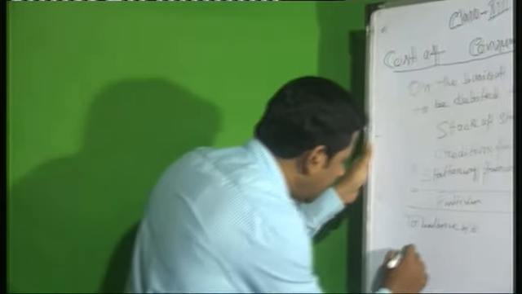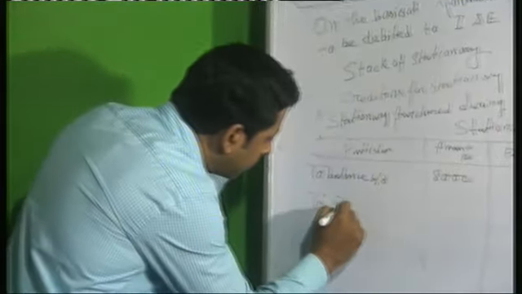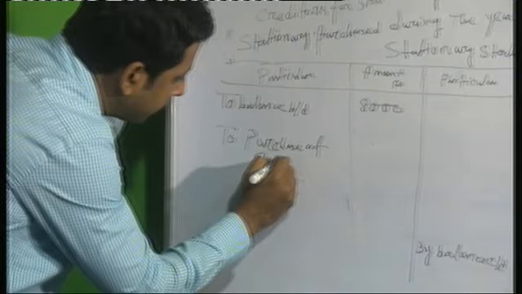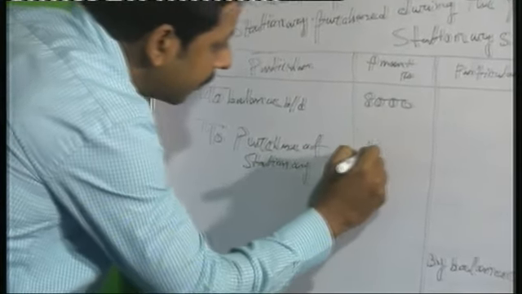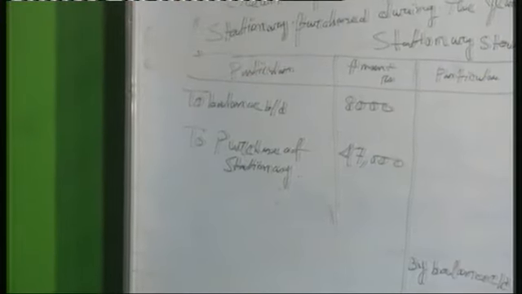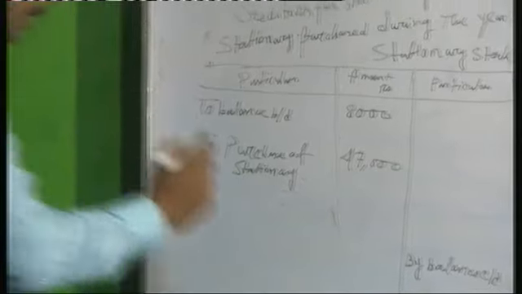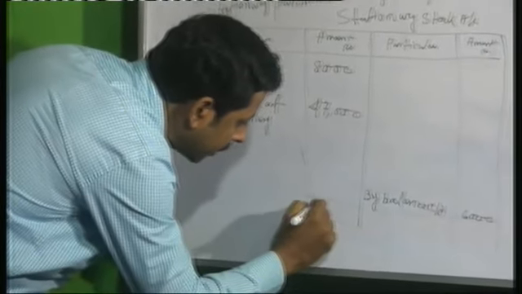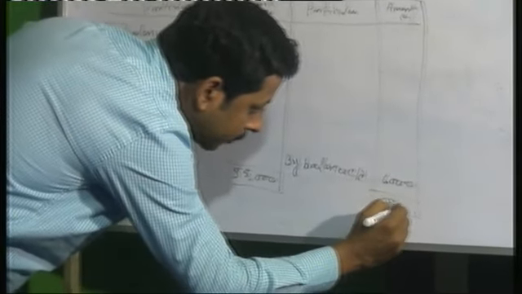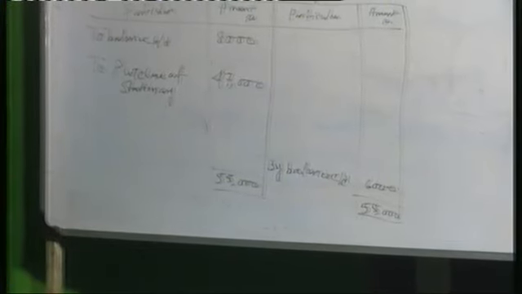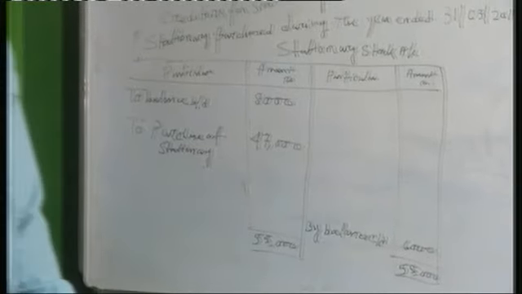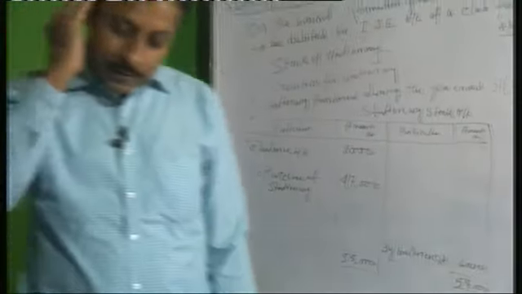So we can write here, purchase of stationery, amount 47,000. What will be the total? Total cost of material 55,000, on the credit side also 55,000. Now we have to reveal how much stationery we consumed during the year.